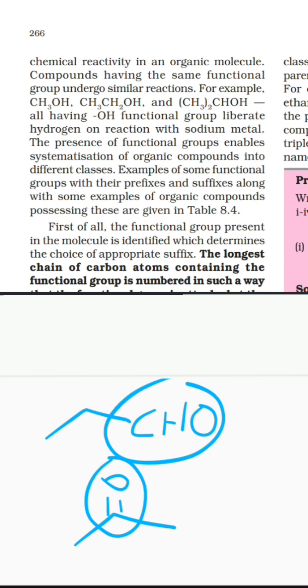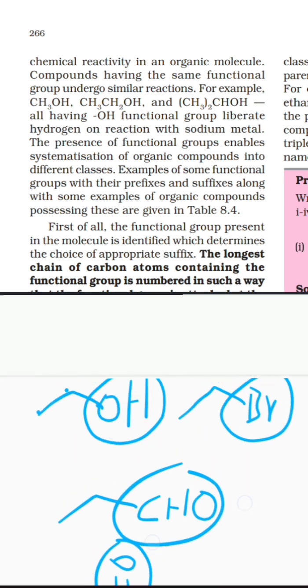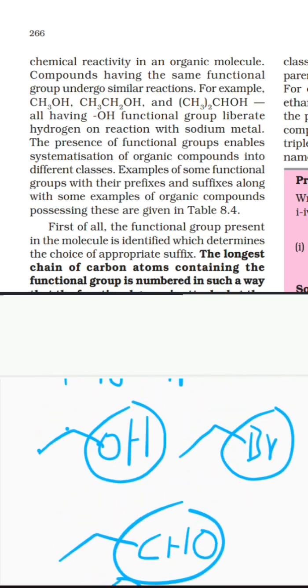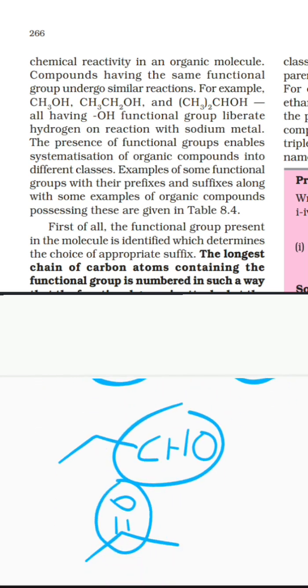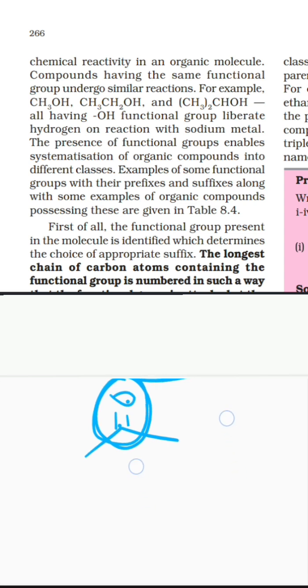So functional group means an atom or a group of atoms. Here it is simply an atom, bromine, but here a combination of two atoms, oxygen and hydrogen, and here a combination of three atoms, carbon, hydrogen, oxygen, and here a combination of two atoms, carbon and oxygen. So a functional group is a single atom or a group of atoms.